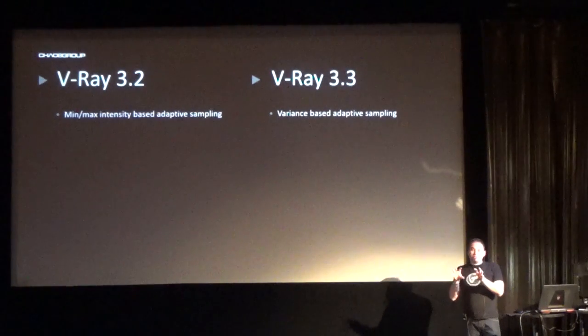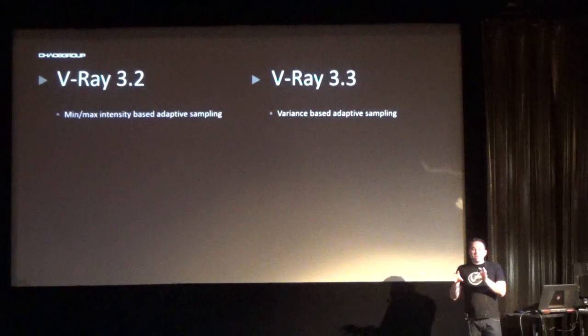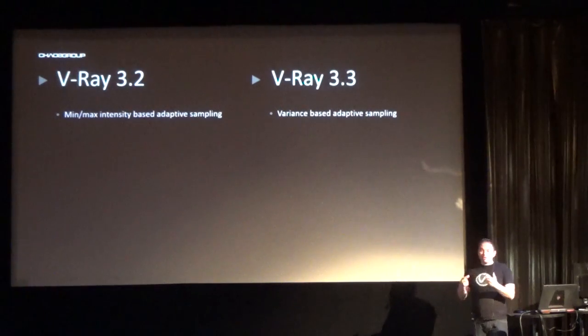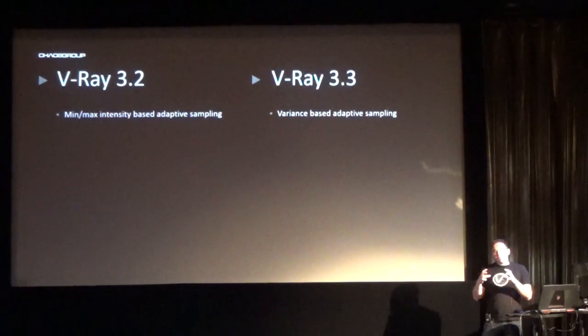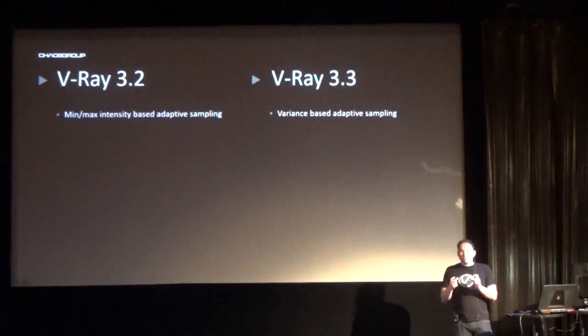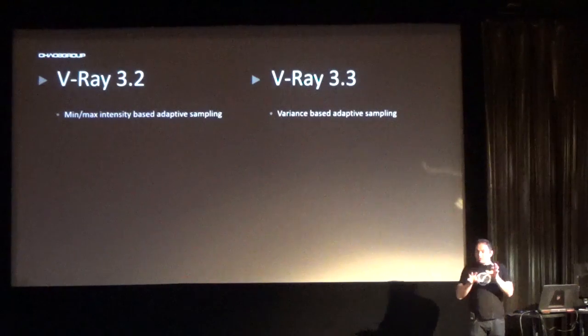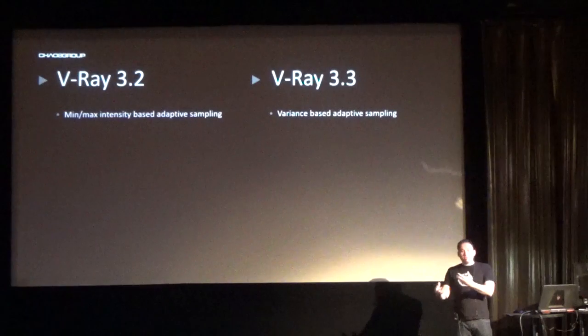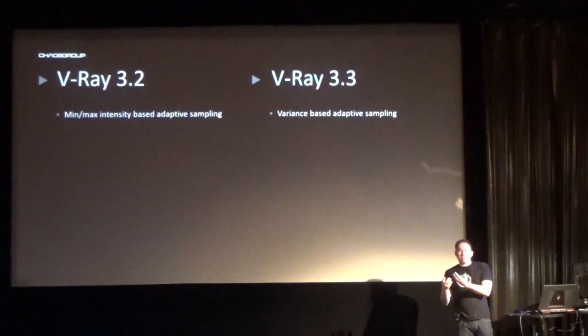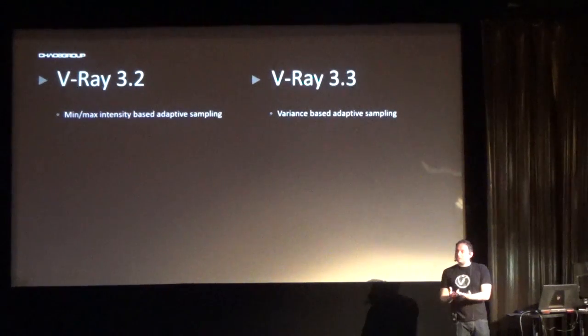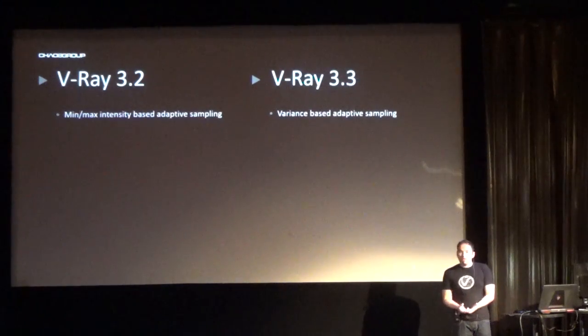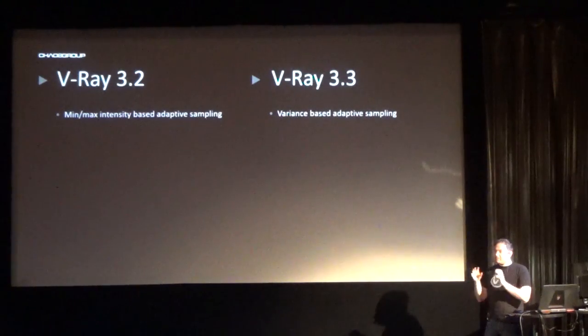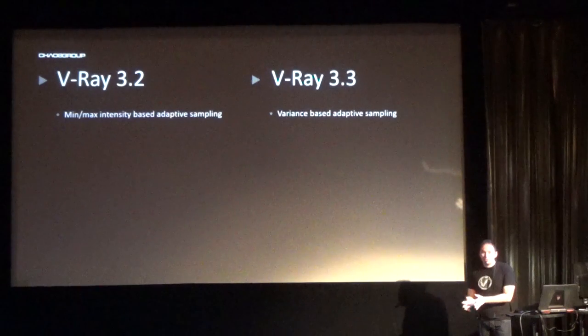So we do this for the 2 pixels, and then we compare the difference of this value. If this difference is larger than a certain number, and that was the color threshold in the image sampler, then this means to V-Ray that there is some noise there, or there is some detail there, so we need to sample there more, right? I hope that's clear, because that's my basis for what I'm going to move on to.